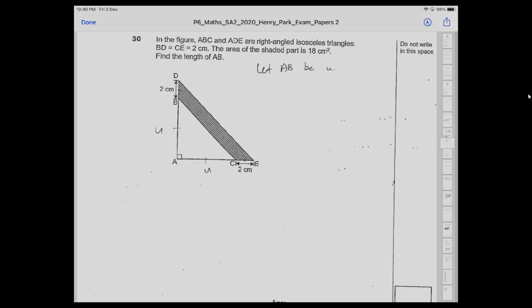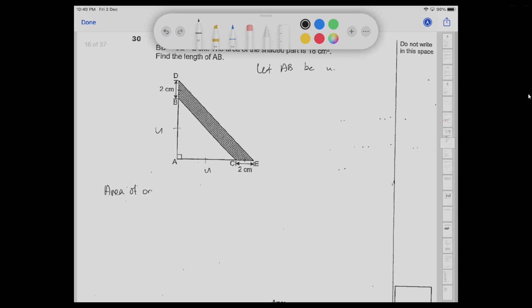So what is the area of the smaller triangle? Let's not call it original, let's call it smaller, it's more intuitive that way. It's just half times U again, half U squared. Area of the larger triangle is half times (U plus 2) times (U plus 2), right?